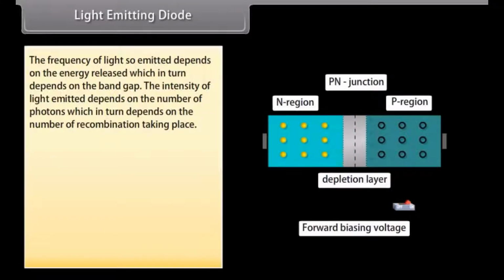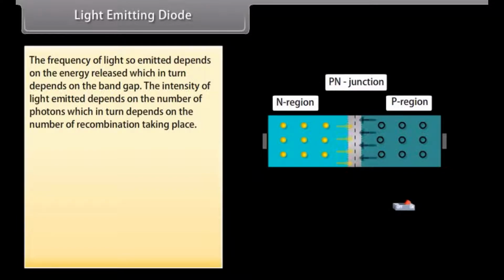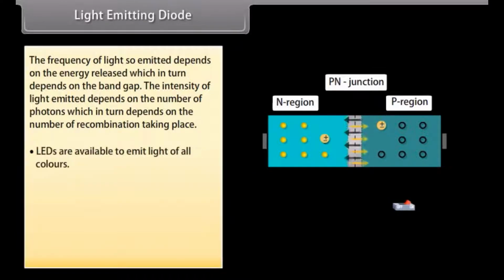The frequency of light so emitted depends on the energy released, which in turn depends on the band gap. The intensity of light emitted depends on the number of photons, which in turn depends on the number of recombinations taking place. LEDs are available to emit light of all colors.